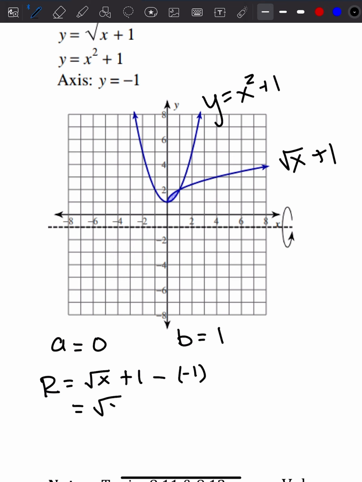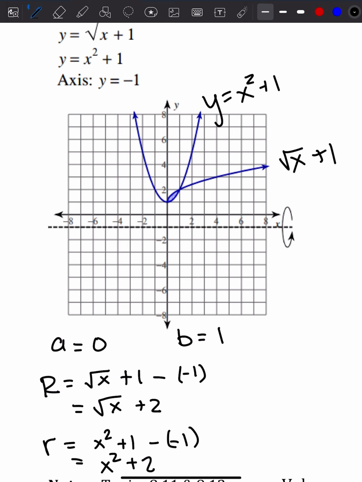This gives us the square root of x plus 1 plus another 1, so the square root of x plus 2. Little r is that parabola, so I know I have x² + 1 minus our axis of revolution, which gives us x² + 1 plus another 1, so once again, x² + 2. So that plus 2 is in both.